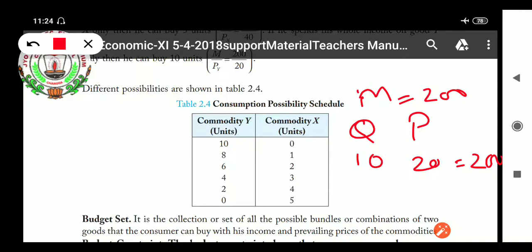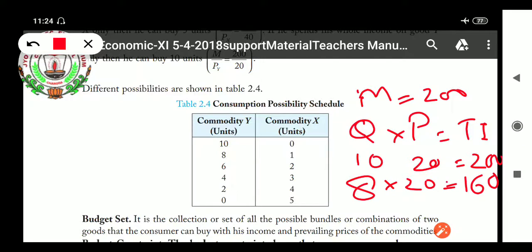Now suppose 8 units he is purchasing. What is the cost of 8 units? It will be 20 times 8, then we are getting 160. It means out of 200 rupees, 160 is paid for product Y. Then how many units of X can we purchase? Whatever was left, 200 minus 160, we are getting 40.